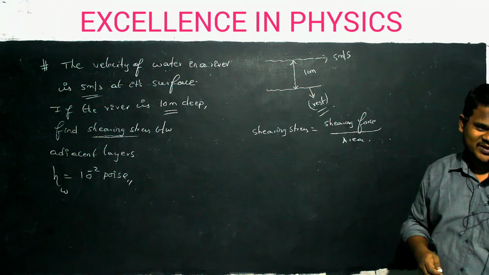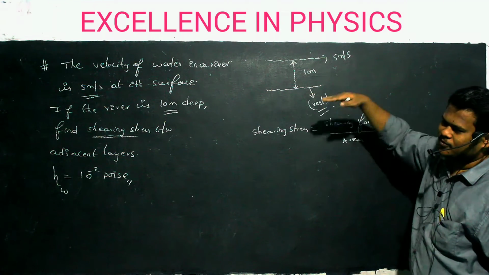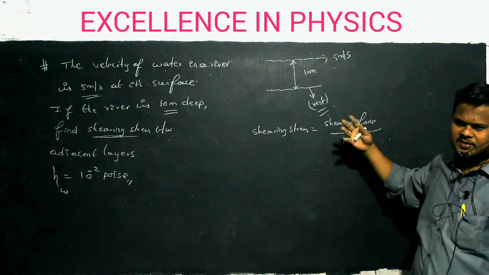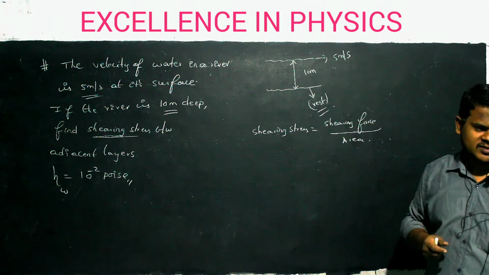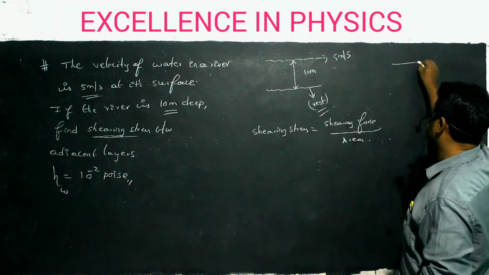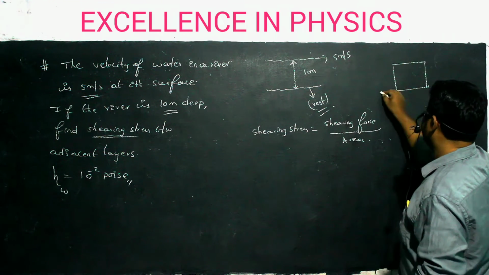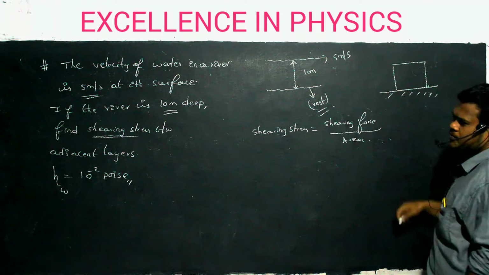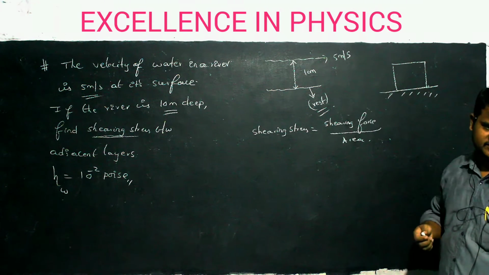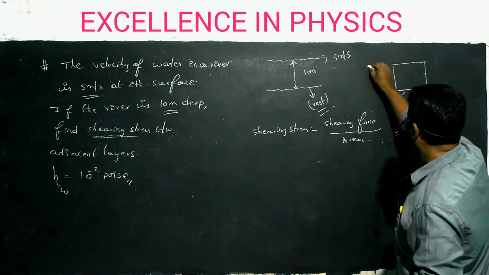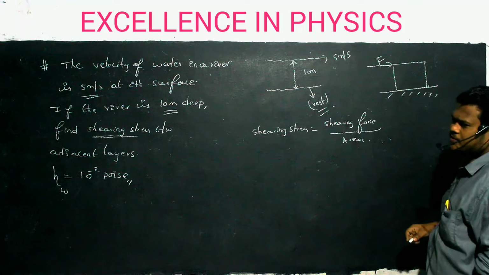Definitely shearing force is applied, then only one layer will flow over the other layer. This is exactly what we studied in modulus of rigidity also. For example, this is a body which is fixed to the ground. The bottom layer is in rest position, just like the river, and we are applying force at the topmost layer.